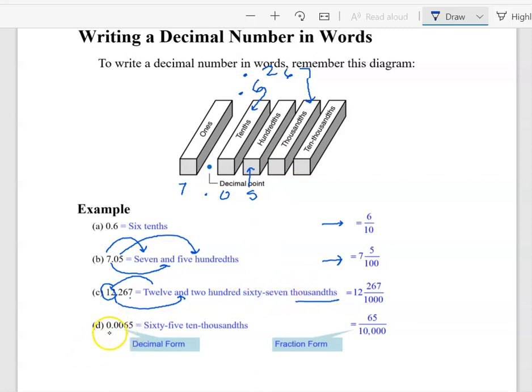So on this one, we wouldn't say "and" because there's no number in front of the decimal, so we would just say 65, and then we need to decide, since this is decimal 0065, the 5 is in the ten-thousandths place, and that's why they gave it that term.